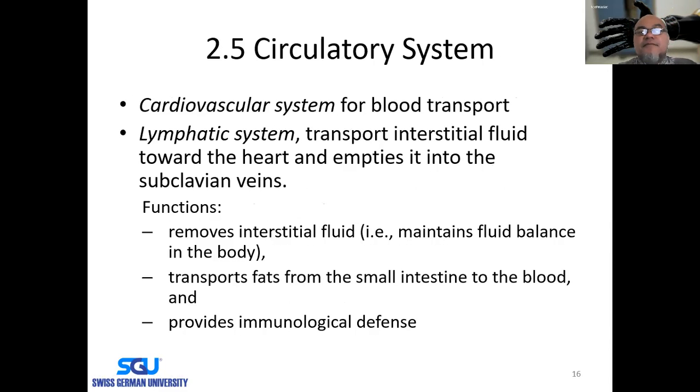The cardiovascular system is used here for blood transport, where it carries red blood cells, white blood cells, nutrients, and many other things. But there is also the lymphatic system. This transports interstitial fluid towards the heart and empties it into the subclavian veins. The lymphatic system handles the intertissue fluid, the fluid between the tissues.